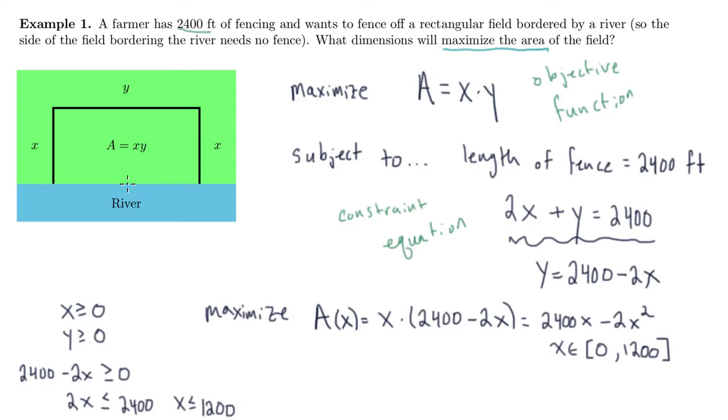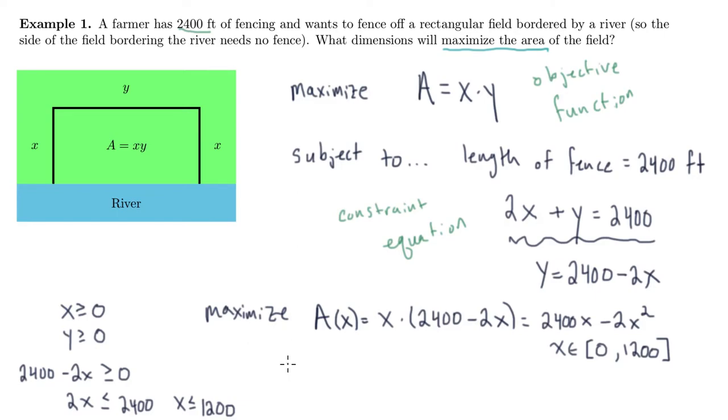So everything looks good, steps 1 through 4. We applied the constraints, we got a function of one variable, 2400x minus 2x squared, and it's defined on this closed interval. Well, here's where we can use calculus. We have a continuous function defined on a closed interval. We know that the critical points give us the potential absolute maxima and absolute minima.